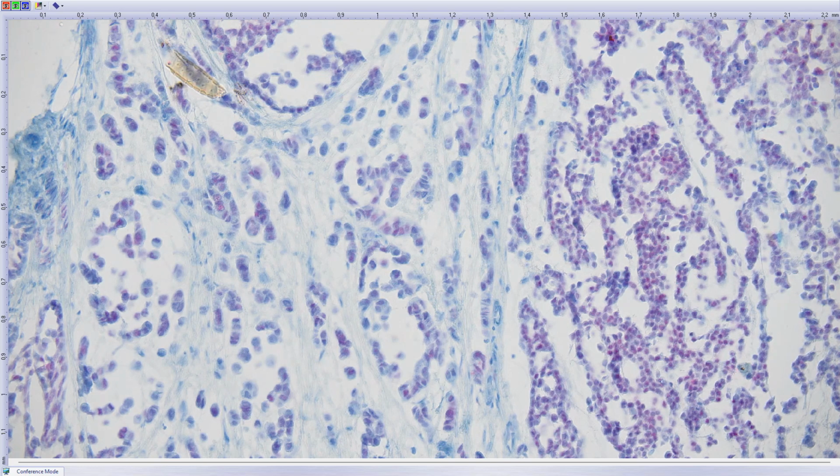FISH confirmed PLAG1 rearrangement, and we were not successful in NGS finding any fusion because of damaged tissue.